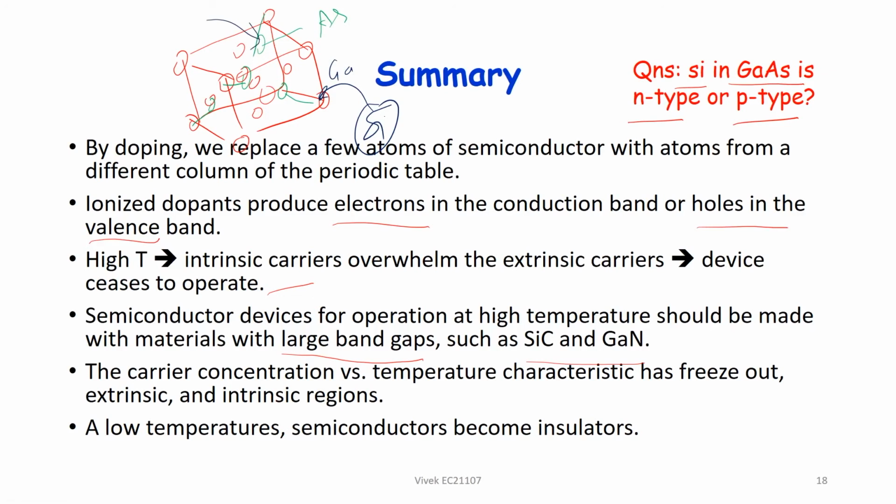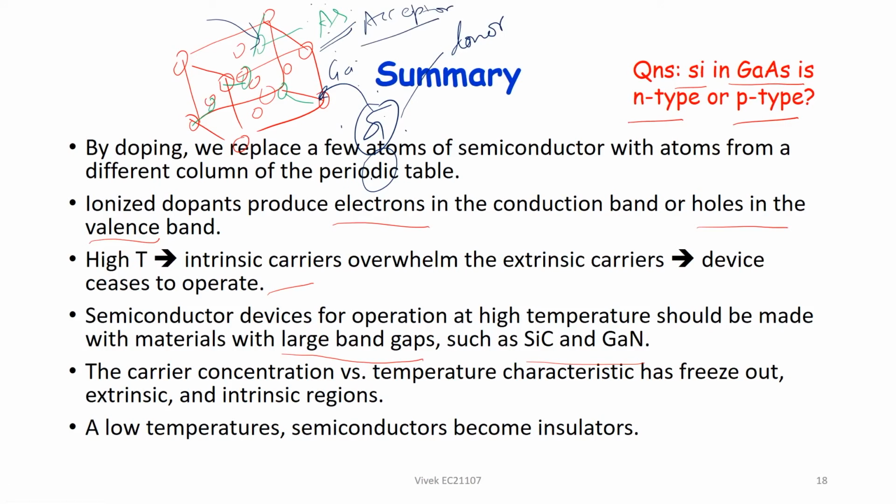Now if it occupies gallium site, gallium has 3 electrons, silicon has 4 electrons, so there is 1 electron extra, right? So it will behave as donor. Arsenic has 5 electrons, silicon has 4, so if it occupies arsenic site, it will act as acceptor, right?